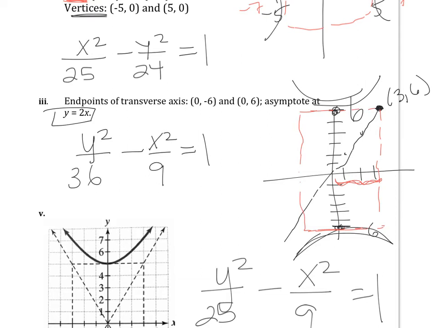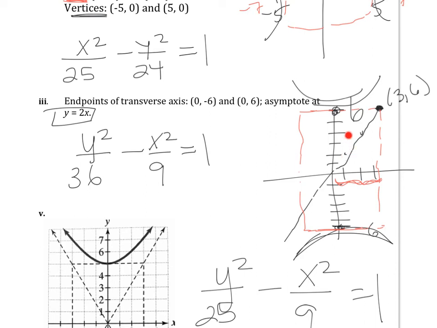Just to review that one more time. I used the asymptote to figure out what point is on the corner of my rectangle. The asymptote is the line y equals 2x. That's one asymptote. The other one must be -2x, but it doesn't really matter. So y equals 2x means if I start at the origin, I go up 2 over 1. That's the point (1, 2).